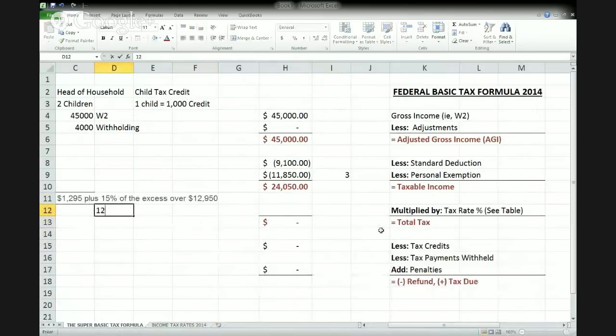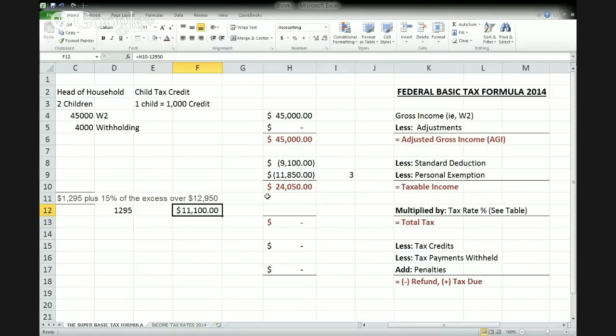So we have $1,295 plus the excess, the difference between 24,050 and 12,950. So it's going to be equal to 24,050 minus 12,950. That's 11,100. And then with that, we're going to multiply it by 15%.